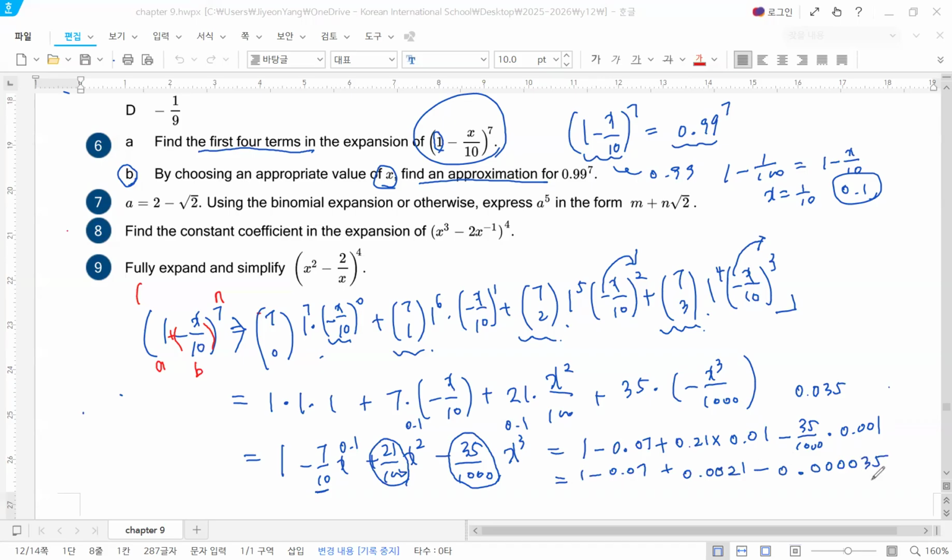So please calculate this value by using your calculator, and this is an approximation for 0.99 to the power of 7.